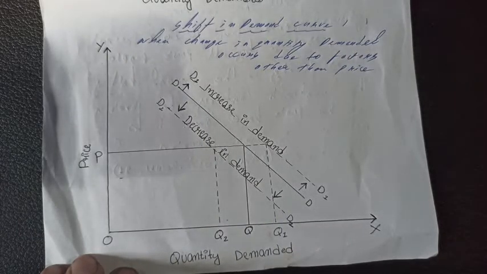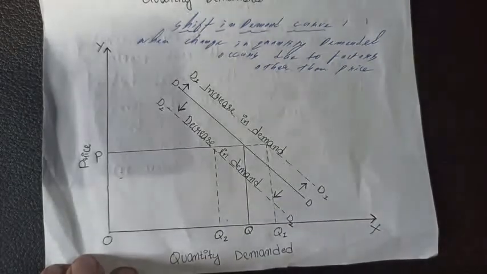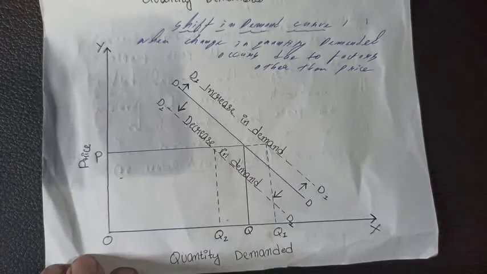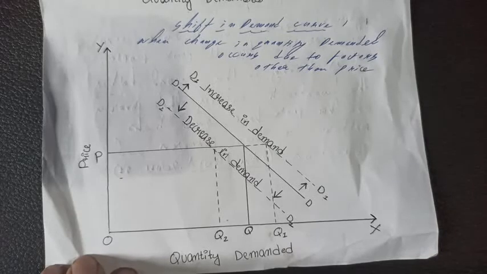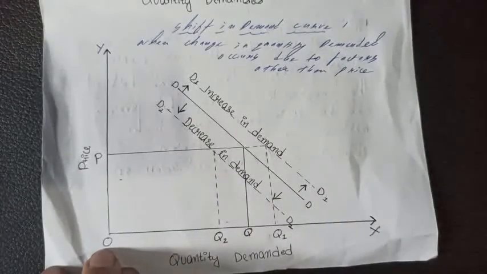When demand rises, that is from D to D1, due to change in factors other than price, then we call it increase in demand. That means when demand curve shifts rightward, we call it increase in demand. And on the other hand, when demand falls due to change in factors other than price, that is to the left-hand side, we call it decrease in demand.